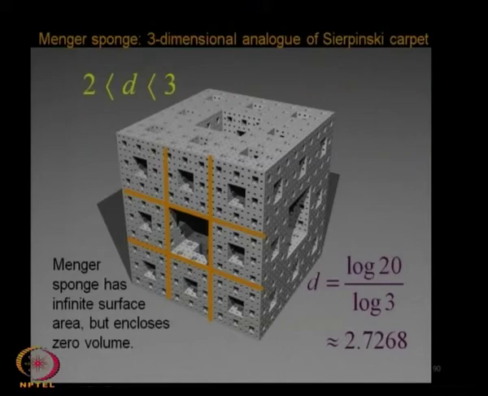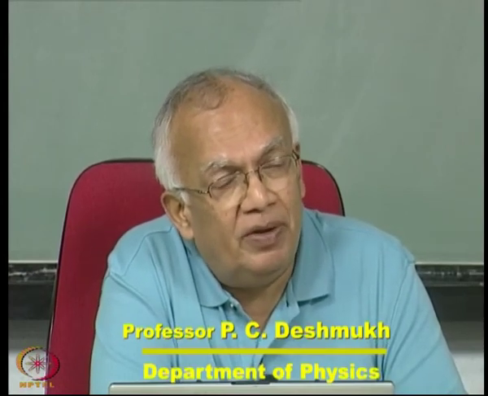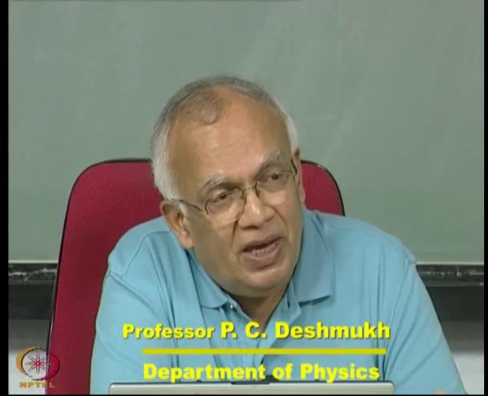Well, how will it be more than 3? There is no way it will be larger than that, because what you are doing is you are taking a piece, divide it into smaller number of parts, and then you count the number of parts that you are left with. So, the number of parts that you will be left with when you begin with 1 will be more than 1.